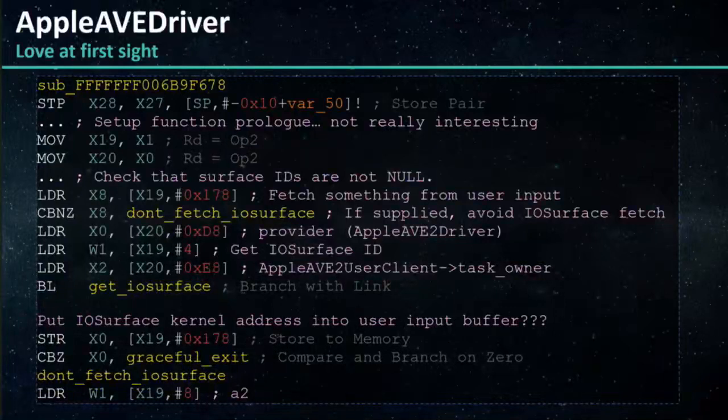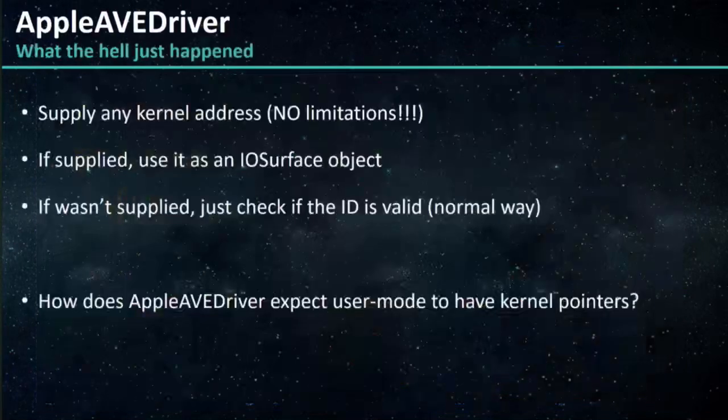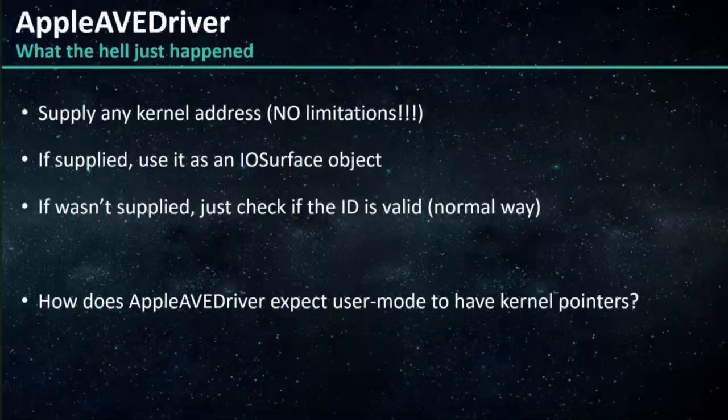Now, what we see here is that we can supply something, and if we don't supply it, the kernel puts there a valid kernel pointer and continues on, which means we can get the kernel thinking that we have an iOSurface object in our control, and we can supply any address we want, and the kernel will believe that this is indeed an iOSurface object. So to summarize the primitive we have here, we can supply any kernel address we want, and the kernel believes it's an iOSurface object.